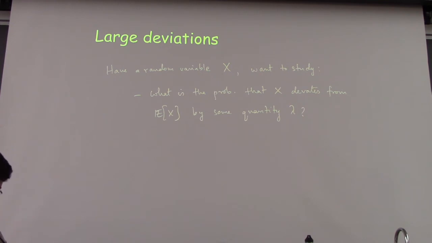I already mentioned the variance of a random variable. The variance of X is supposed to measure roughly this, the expected value of this difference. It's X minus E of X, whole square.